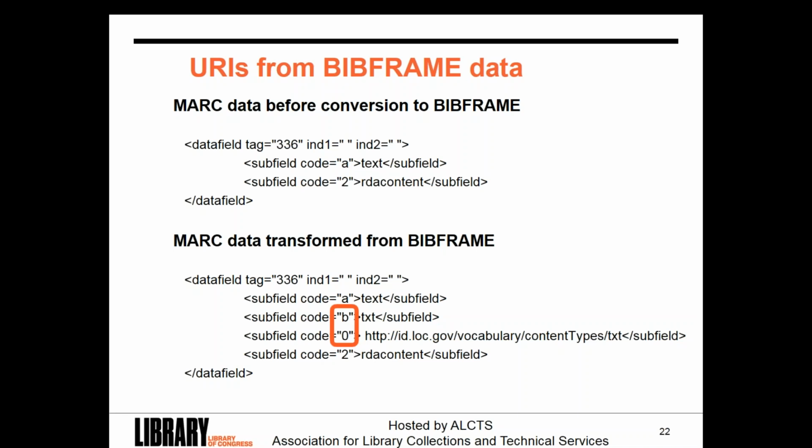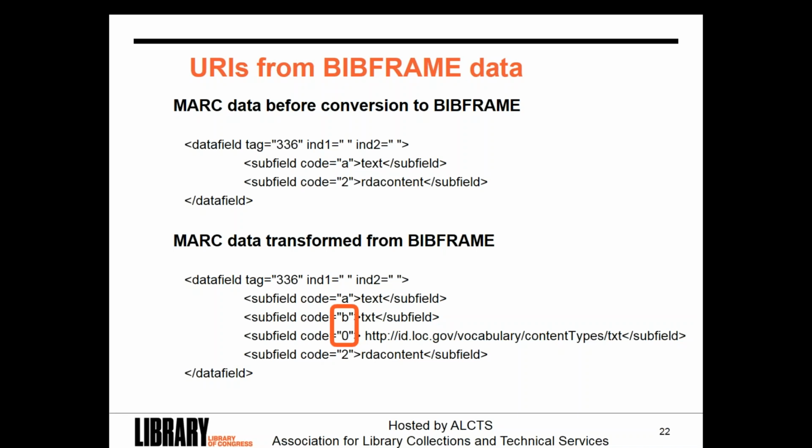As you see, when we go into BibFrame, we have the fact that it's text, which RDA says write it out in full, and we use the RDA content list, and then we transform it back. We actually have the code for it, we have the literal text, and we also have a URI for this literal. So we have richer data.